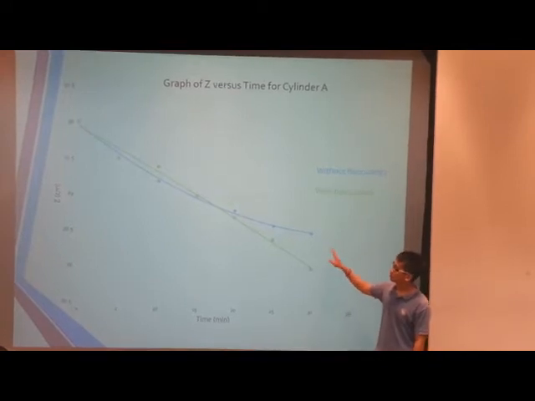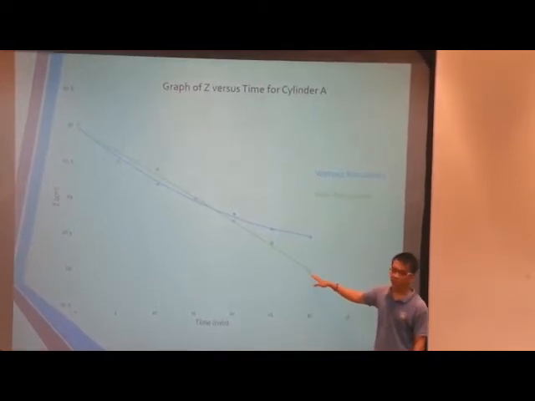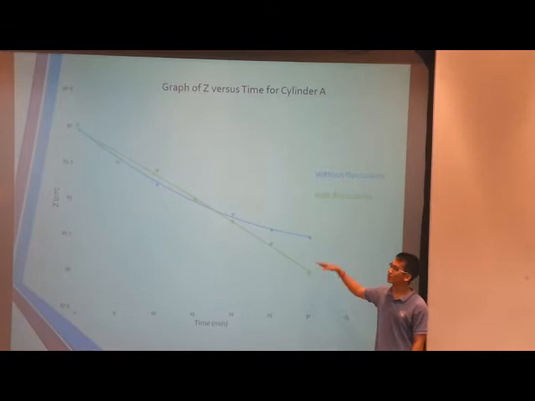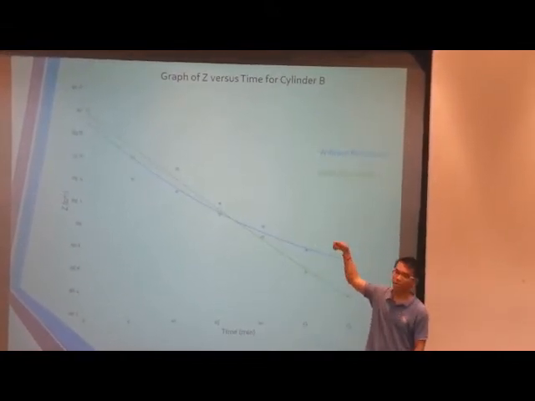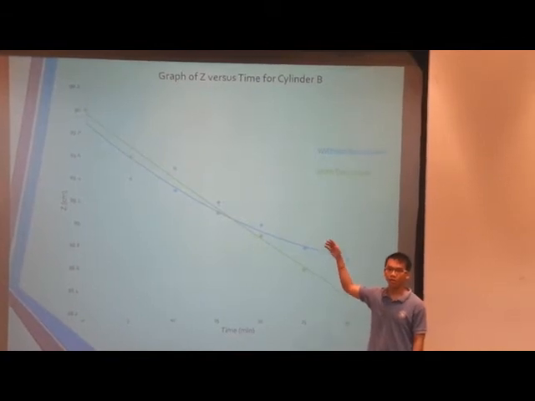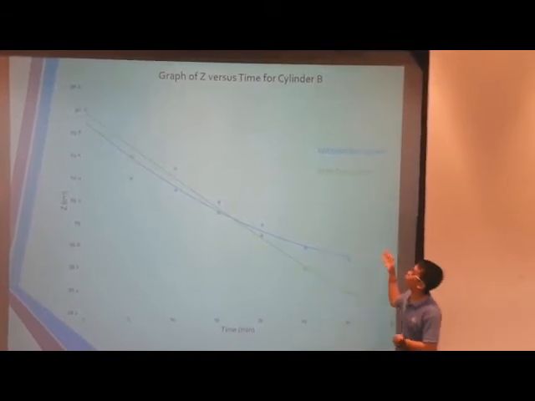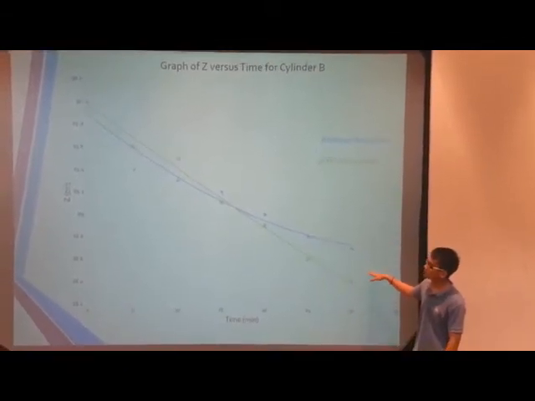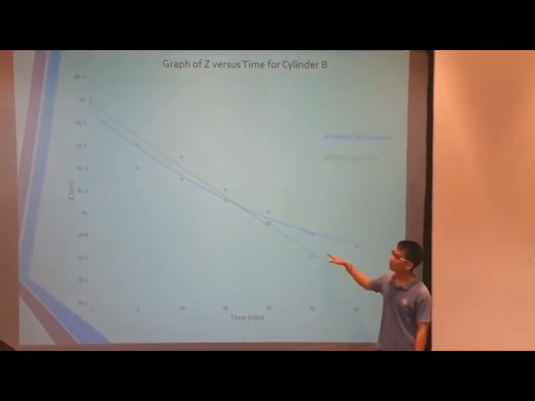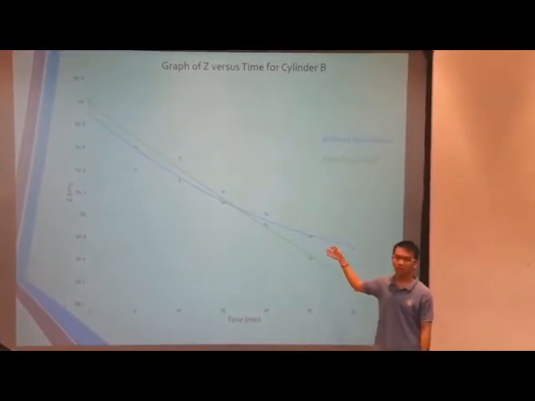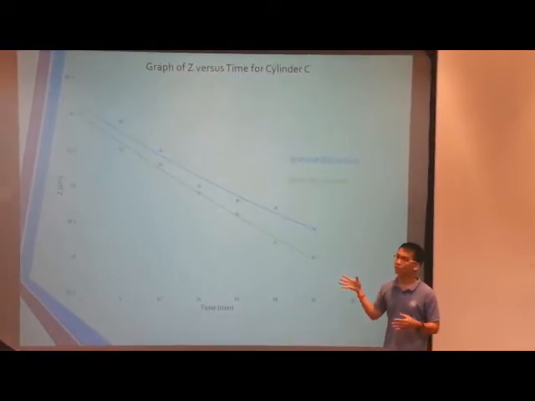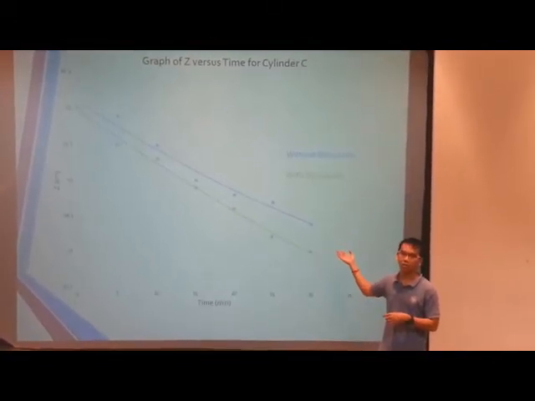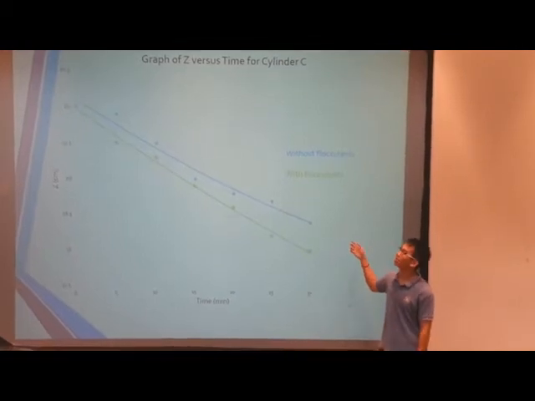For the one that we added flocculants to, which is experiment B, the difference in height is much greater compared to the one that we never added flocculants to. Why is this so? Because we can conclude that flocculant is a coagulant agent, which helps the flush to settle much faster.